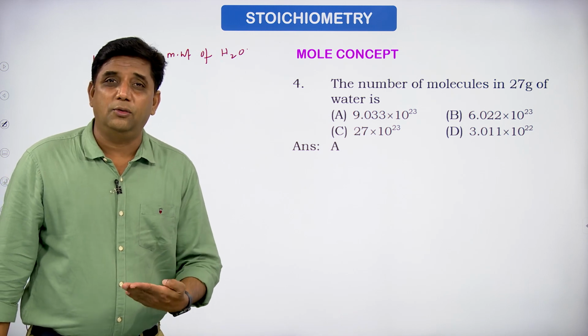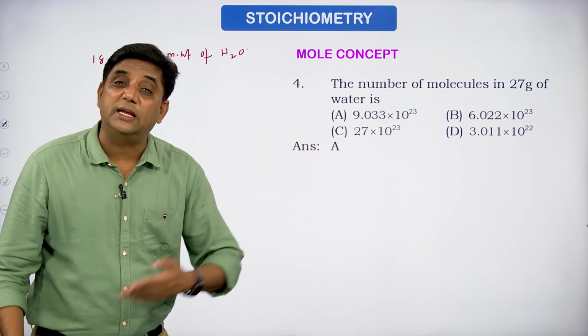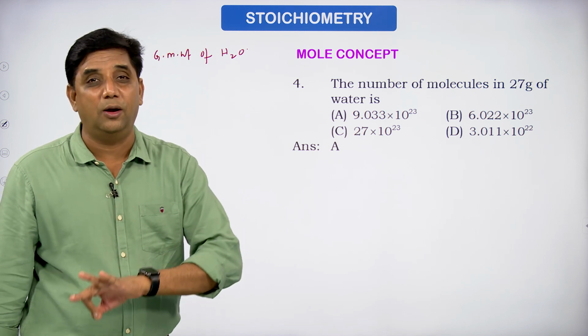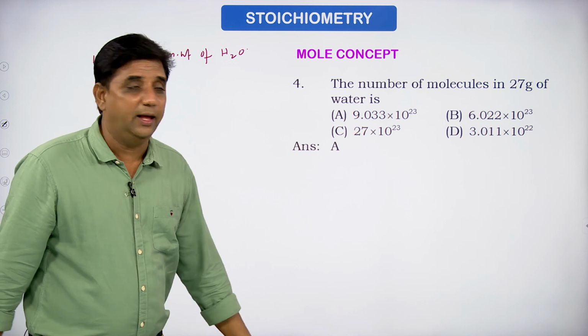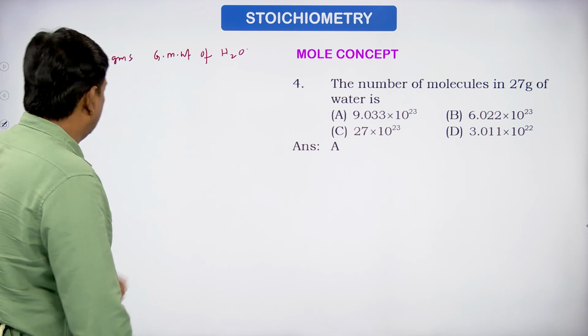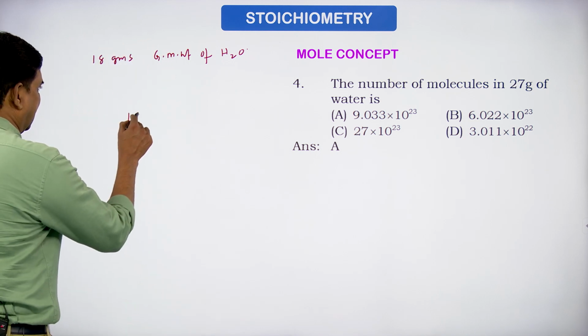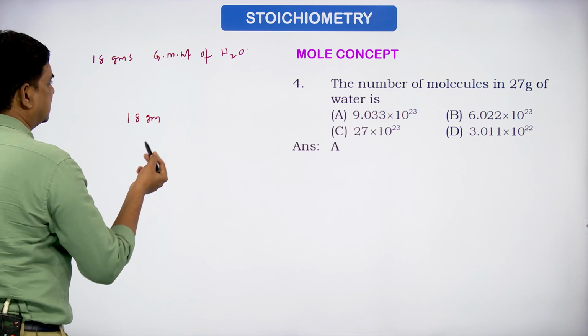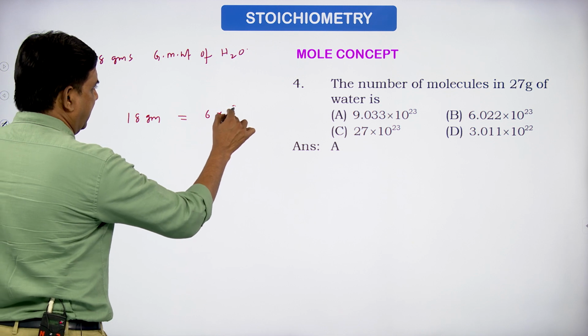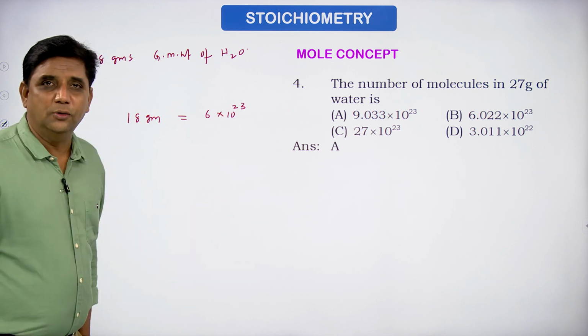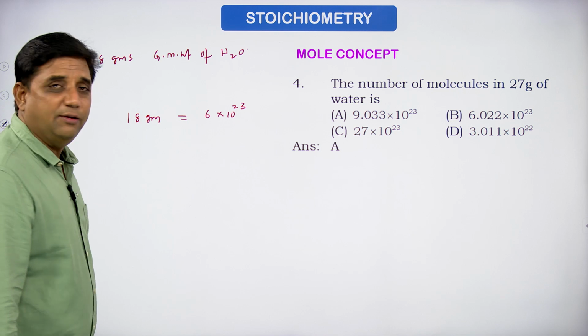The mass of 1 mole of molecules expressed in grams is nothing but the gram molecular weight. So, the gram molecular weight of water is 18 grams. Therefore, students, we will say that 18 grams contains 6 into 10 power 23 molecules, and he is asking for 27 grams.